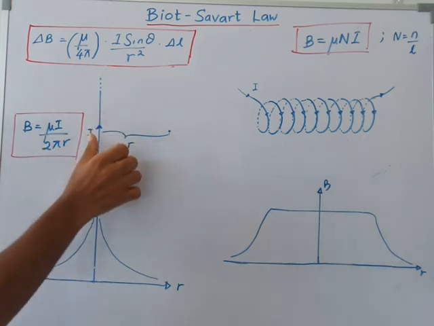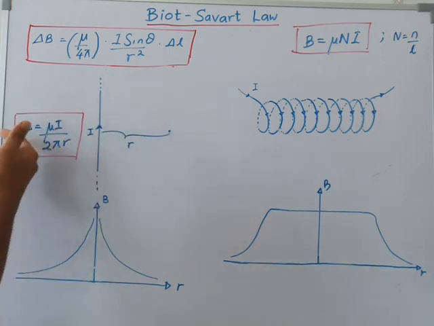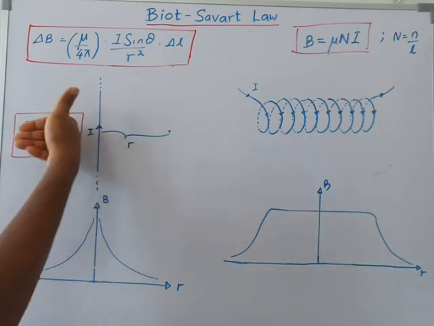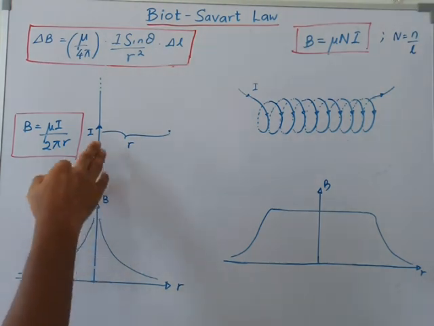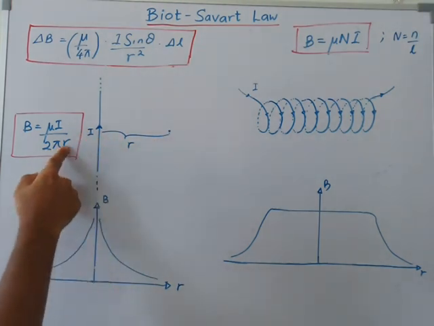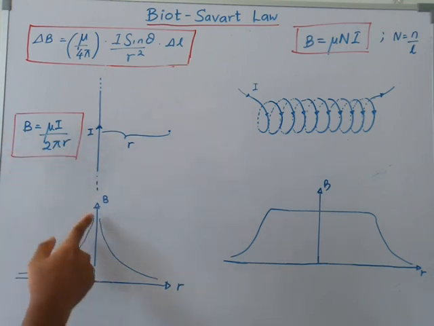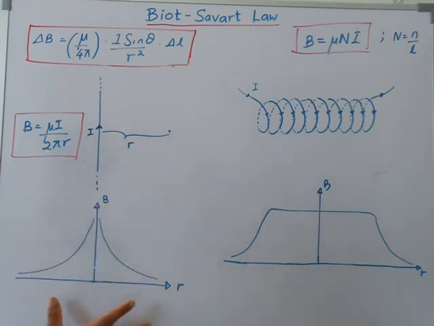To find the direction, you have to use the right hand rule: into the board here, and similarly, at another point somewhere here, it's coming out of the board. This is the variation of magnetic flux density around the conductor with distance. When r goes to 0, it's like infinity, and when r goes to infinity, the value becomes 0.